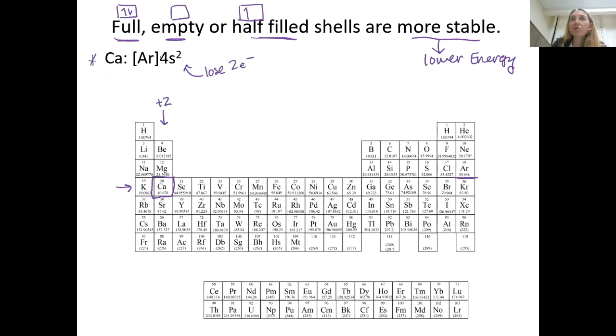And if it loses 2 electrons, it becomes more stable because now all of the 3s and 3p orbitals are full. So calcium 2+ has an electron configuration of argon. And so this is one of the reasons why atoms lose electrons, because if they lose electrons they become more stable or have lower energy. And so having that noble gas configuration is the most stable.